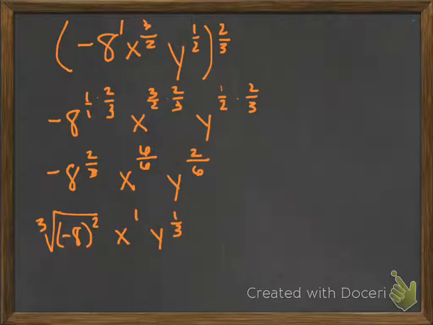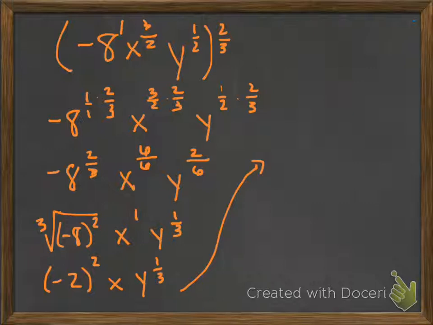And remember, we talked about being able to simplify our values. So I could do a negative 8 squared and then take the cube root of it, or I could take the cube root first and then square it. So if I took the cube root of negative 8, I get negative 2, but that is still raised to the second power. I still have my x, and I still have my y to the 1/3.